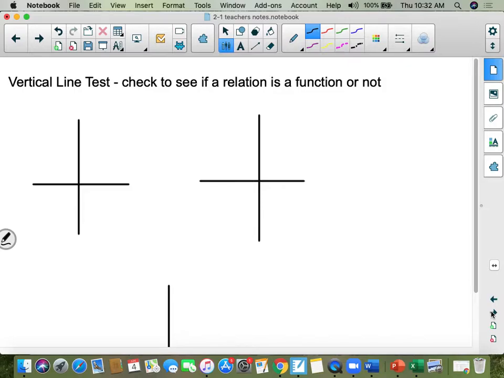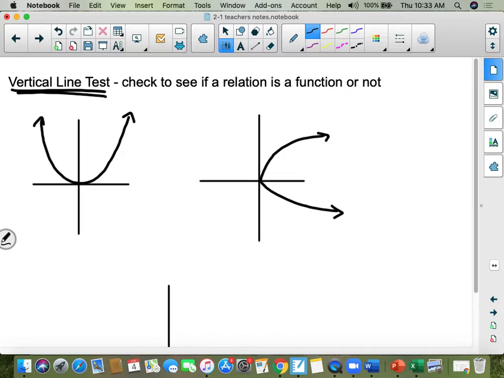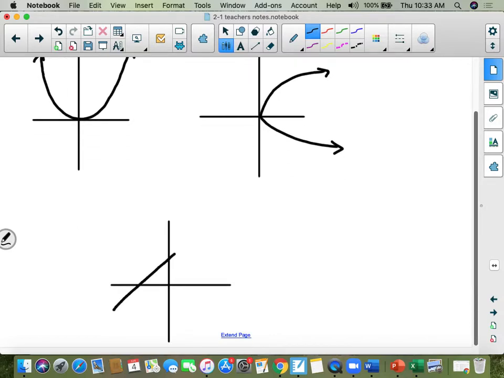Another way, instead of looking at a table or a set of ordered pairs, you can do the vertical line test to check to see if it's a function or not. So I'm just going to make a parabola. I think I'm going to make a sideways parabola. And I think I'm going to make a line.